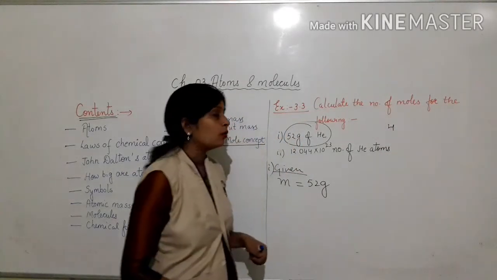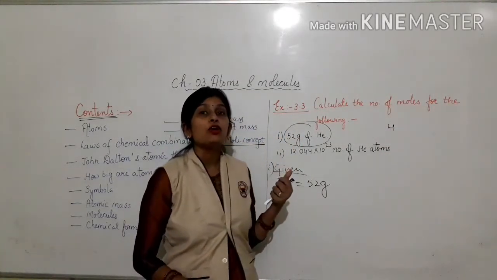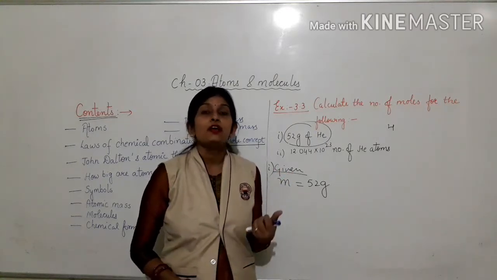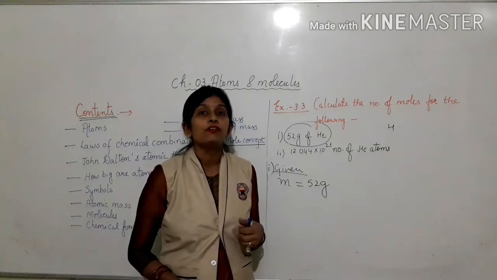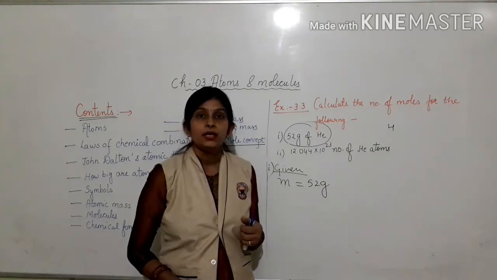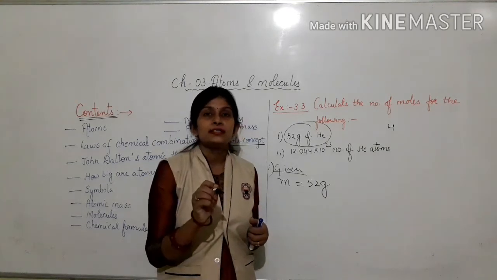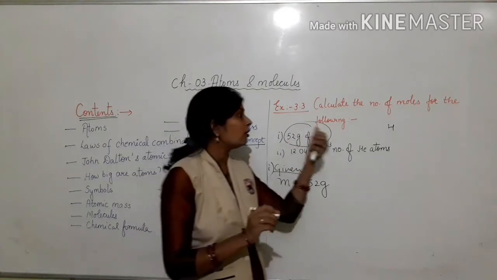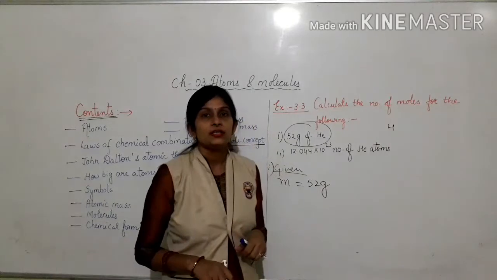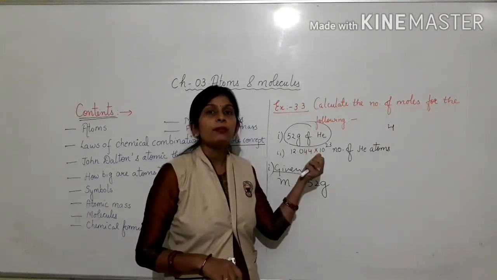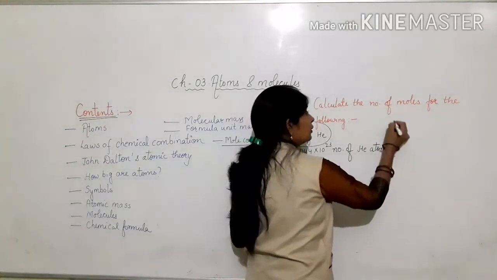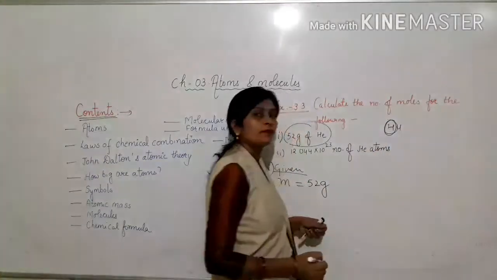Okay. Now what is the mass of 1 mole of helium atoms, or I can say what is the molar mass of helium atom? That molar mass will have the same numerical value as that of atomic mass. So the atomic mass of helium is 4 u, numerical value is 4.